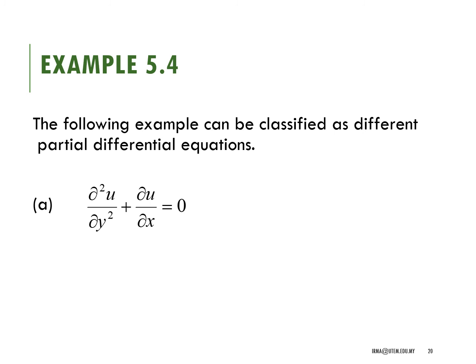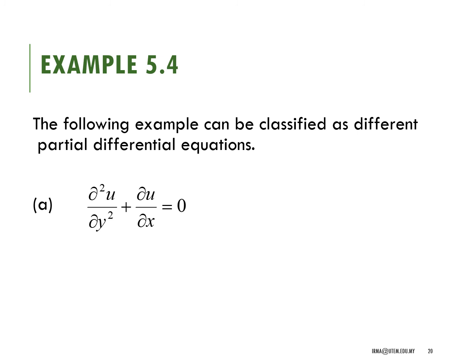Alright, so let's look at an example. This is the classification of PDE. Let's look at the first equation. We have del squared u del y squared plus del u del x equal to 0.